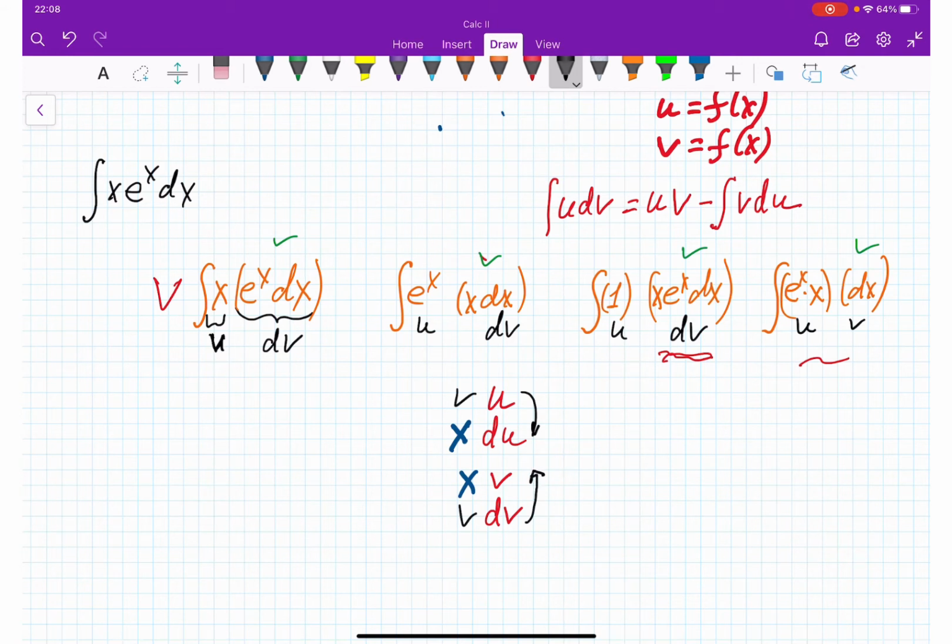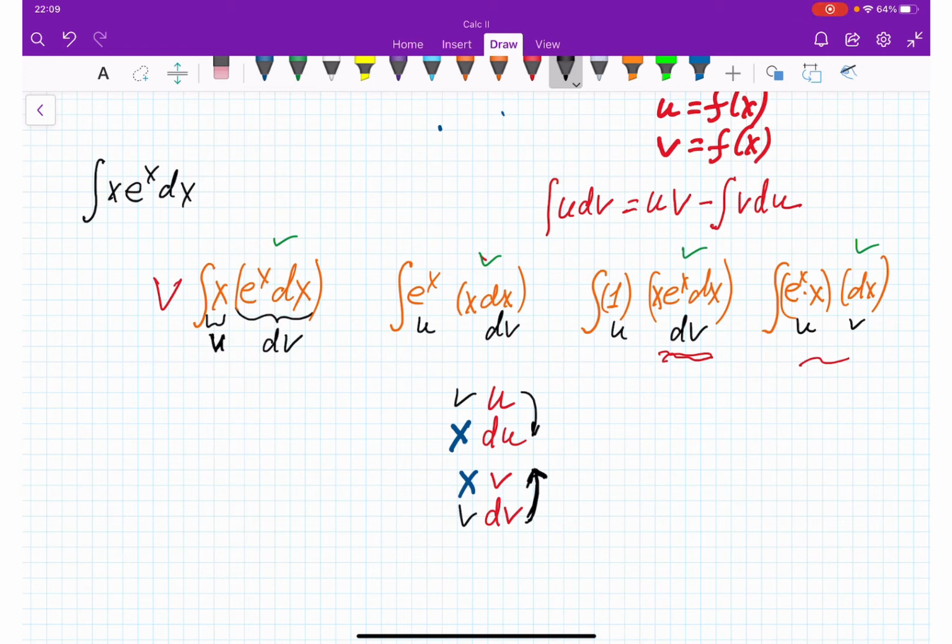The challenging one is going from dv to v, because it's going to go through integration, while from u to du we use a derivative. Therefore, I am going to focus on what my dv is going to be, and try to choose it as simple as possible, to avoid complicated integral calculation.